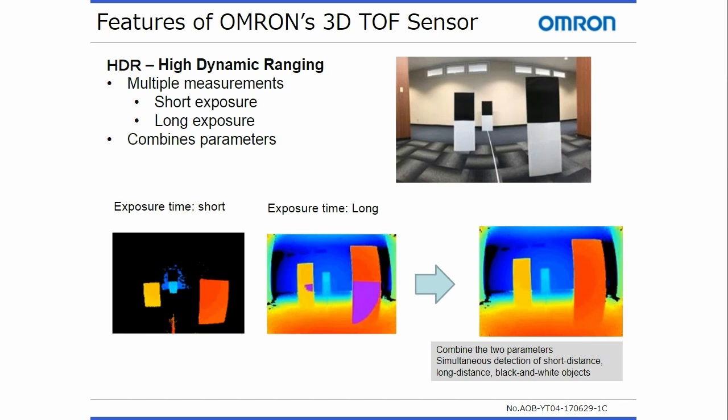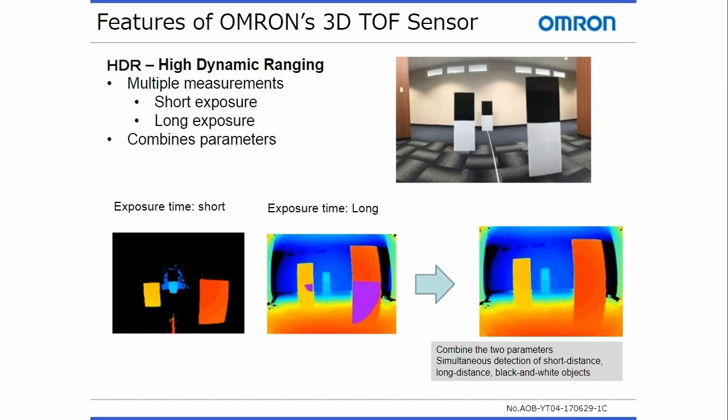With the HDR function enabled, the sensor is able to simultaneously detect short and long-range objects, even with a high range of reflectivity. Disabling the HDR function enables the sensor's high-speed operation mode, calculating distances from only a single measurement.